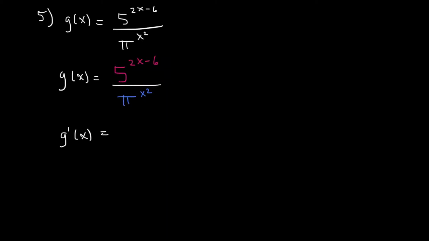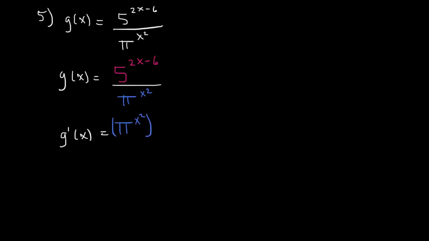I think I can do one more problem. So here's a quotient, and we have two exponentials, pi to a power, 5 to a power. None of those are e to a power, so they're going to require a correction factor. So let's get started. We have quotient rule. It starts with the bottom, pi to the x squared.